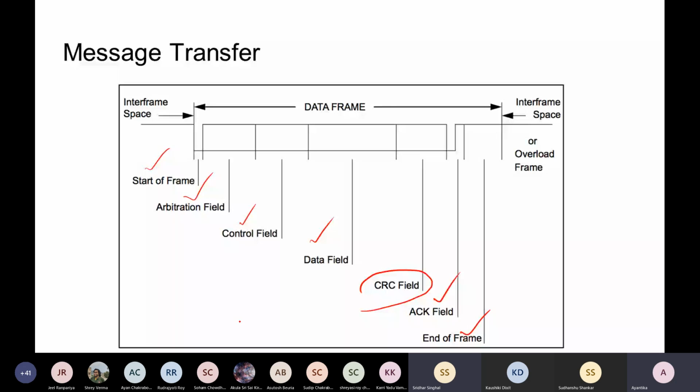Yes, probably. The acknowledge field is for that particular arbitration. Whenever the sender is sending, it knows how many nodes are going to accept that message, so it will expect that number of acknowledgements.